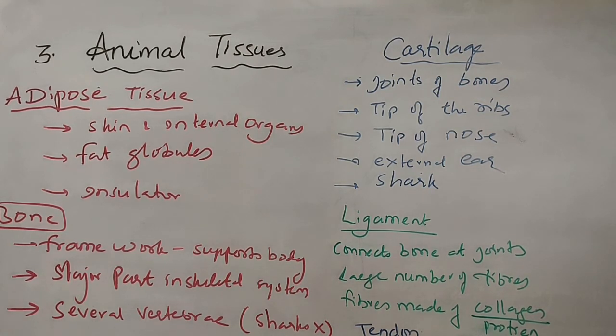It is present in between the skin and the internal organs. The fat we have in our body is stored in the adipose tissue. Adipose tissue is nothing but cells which are filled with fat globules so that it will form a layer of fat. Now this fat also will help as an insulator. See, when it is winter season, the old people will shiver a lot more than the young.